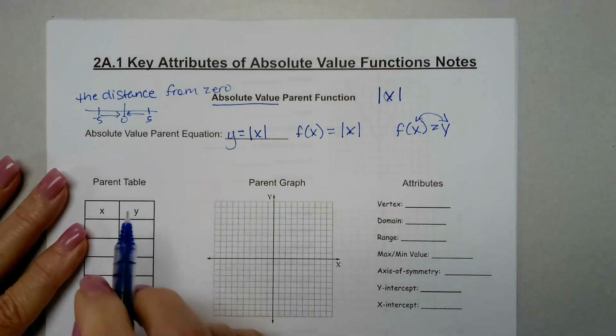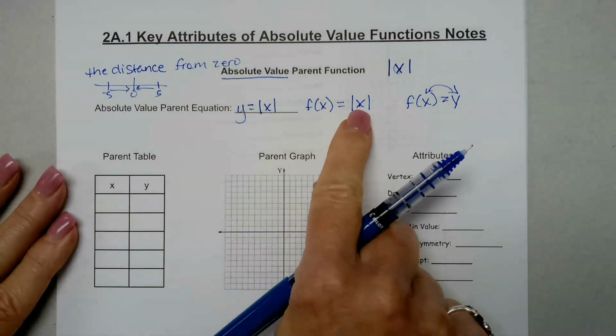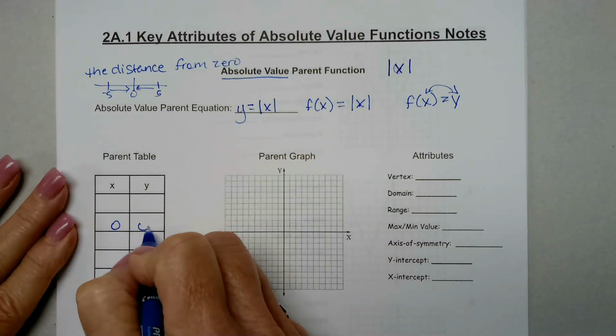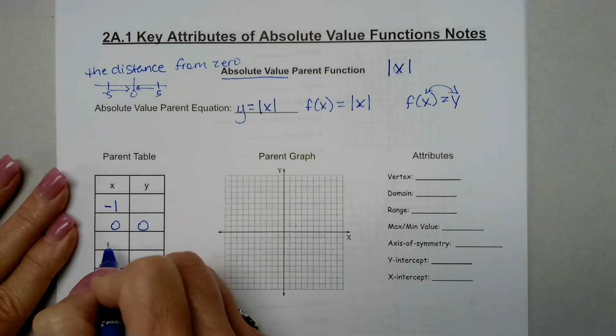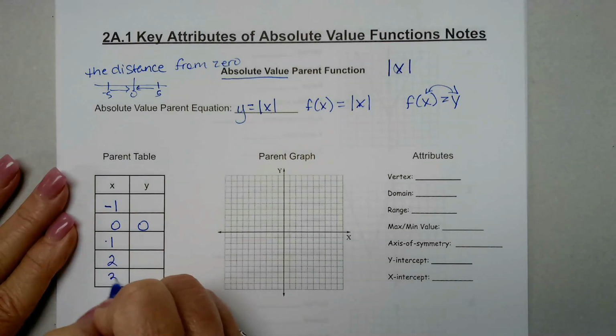Okay? Now, to graph our parent function, we're going to start at 0, 0. I'm going to put 0, 0 right here, kind of in the middle. I want to go back to -1. I want to go forward to +1, 2, and 3.